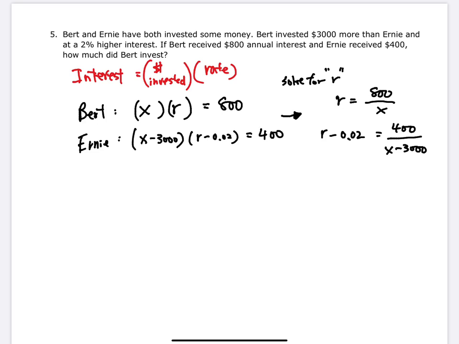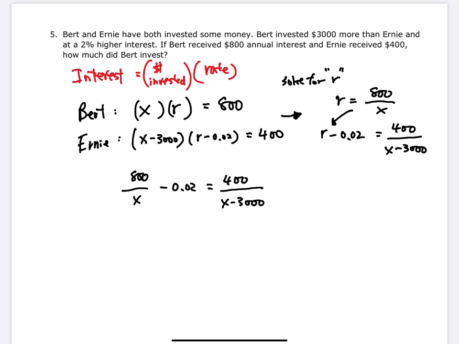Okay, and if we take this and plug it back in here, what we end up having is 800 over X minus 0.02 equal 400 over X minus 3,000.